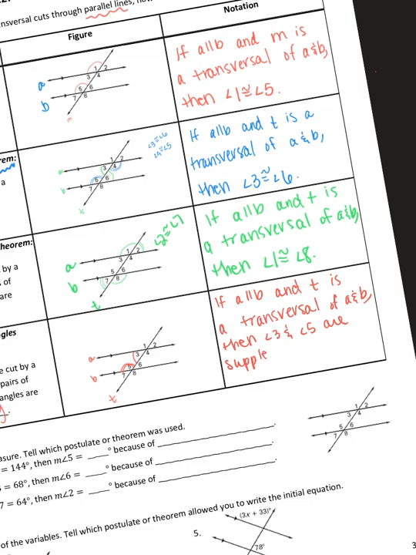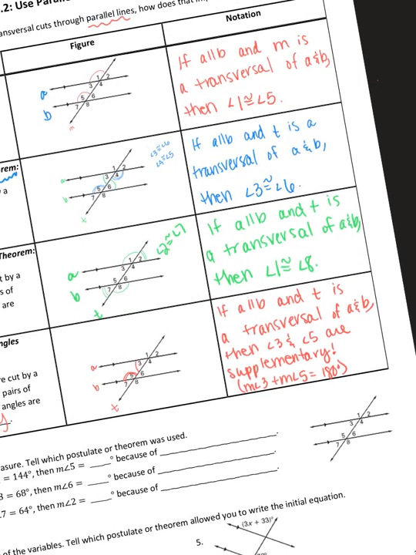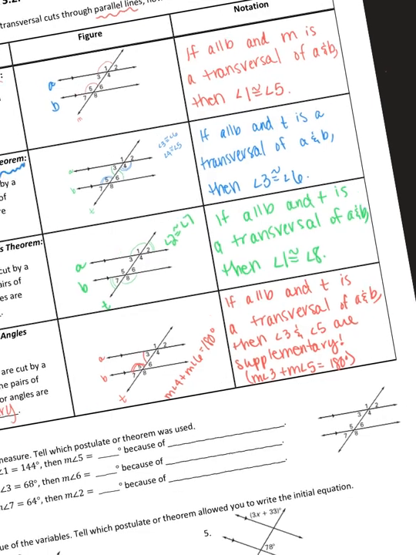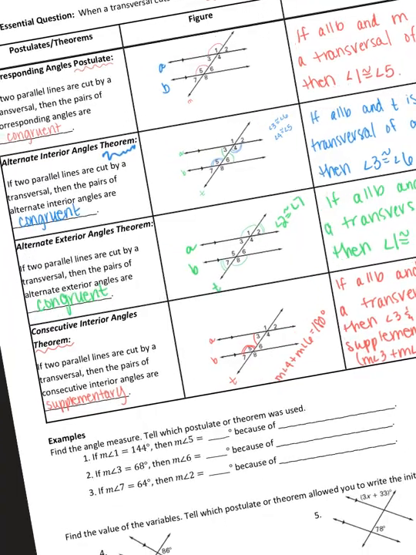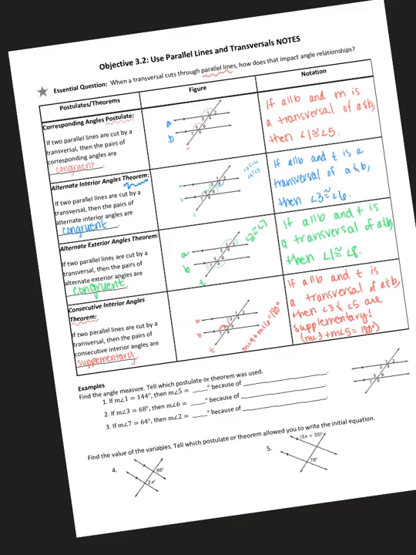And remember that if they are supplementary, then you can make the conclusion that the measure of angle 3 plus the measure of angle 5 is equal to 180 degrees. Okay, and similarly, that's going to be the same case for 4 and 6 too, right? So the measure of angle 4 plus the measure of angle 6 is also going to equal 180 degrees because they are also consecutive interior angles. Also, consecutive interior angles can be known as same side interior angles. Okay, so that might be another name that you would come across.